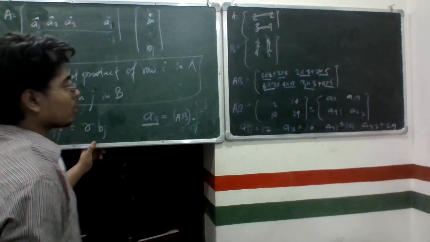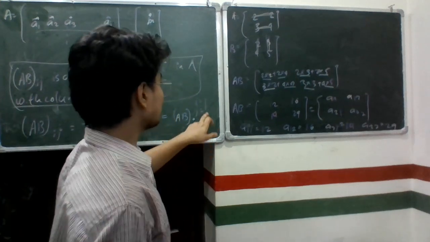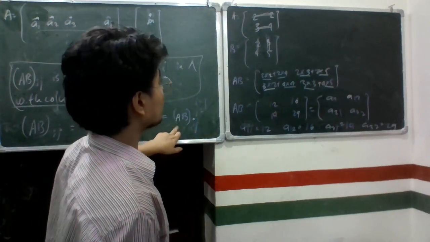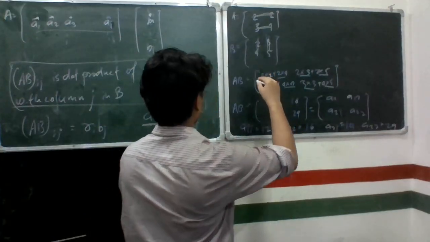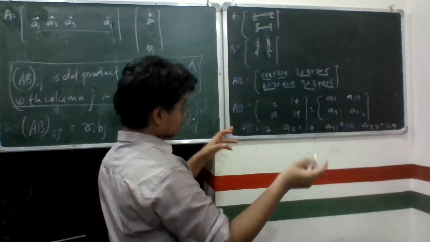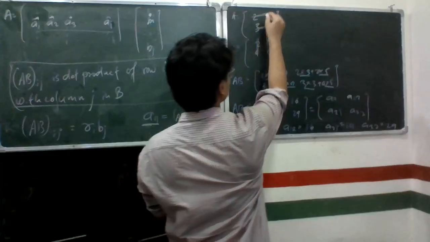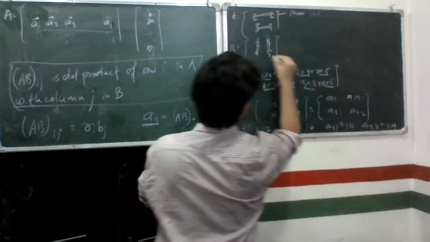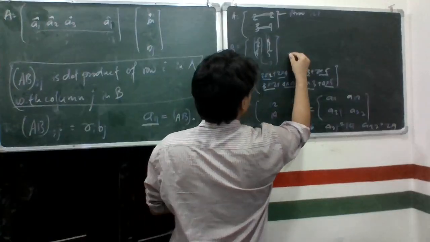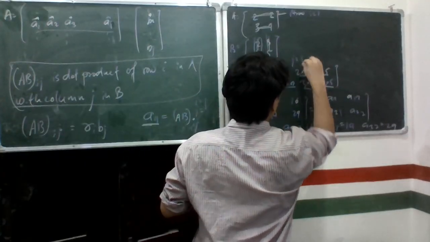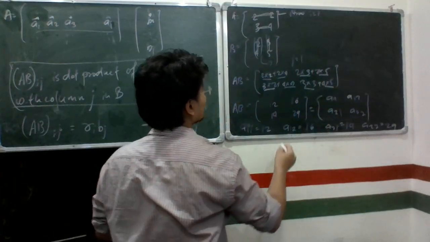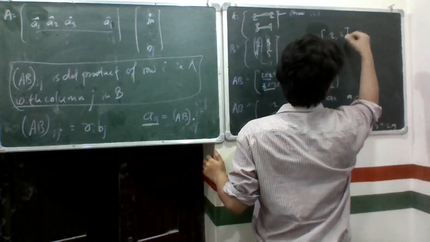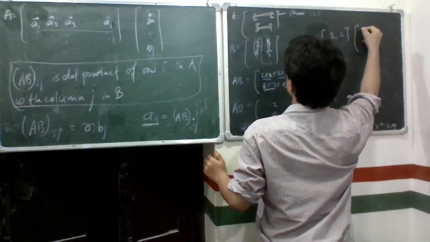That means what is the first row of A? The first row is this. So where i equals 1, it's the first column where j equals 1. So we can think of that as 2 times 2 plus 2 times 4.